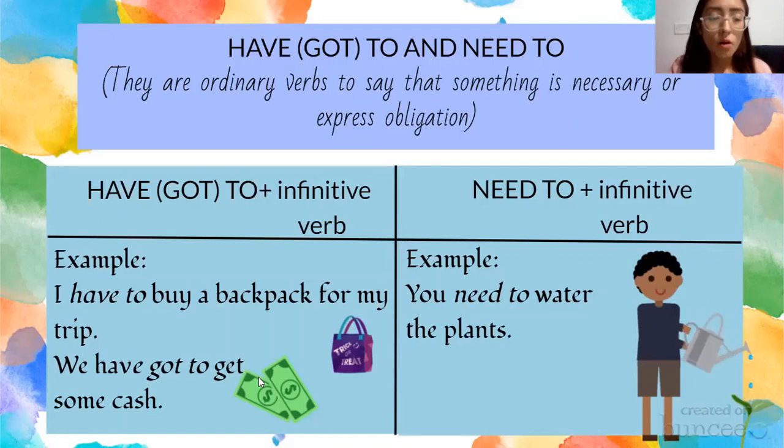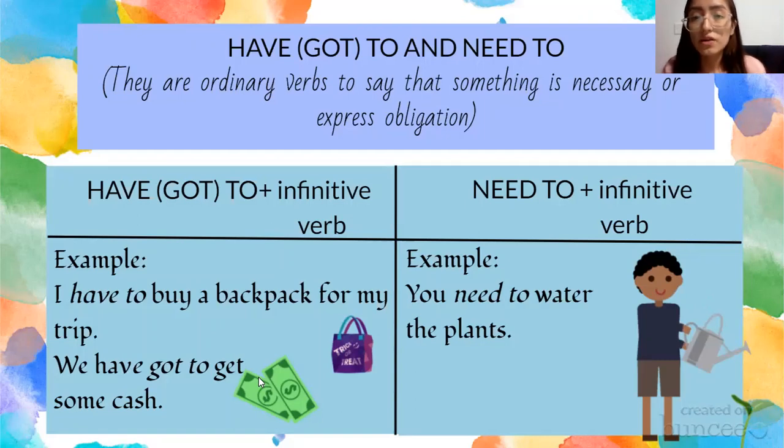Or also have got to, followed by an infinitive verb, okay? For example, I have to buy a backpack for my trip. Or we have got to get some cash. Either one expresses the same, have got to or have to, okay? It's the same thing.